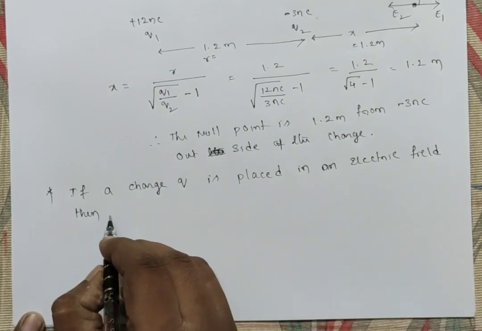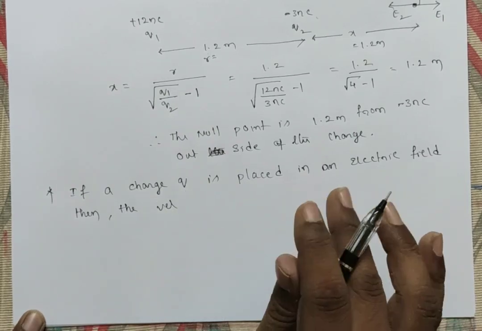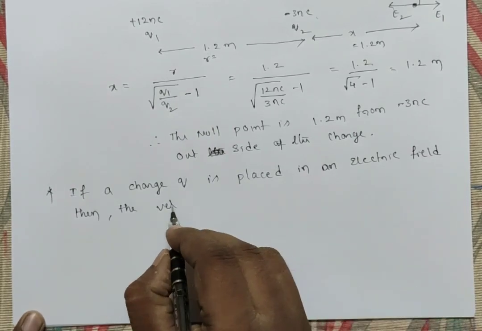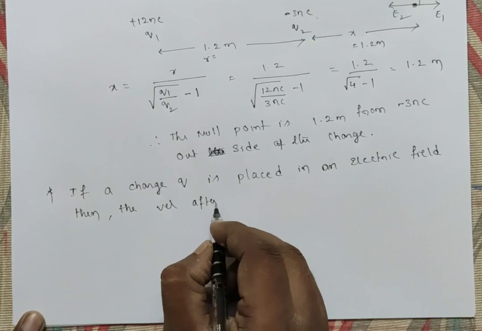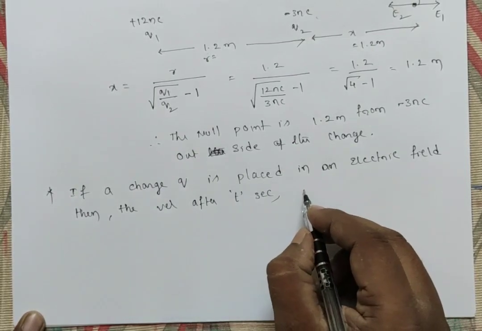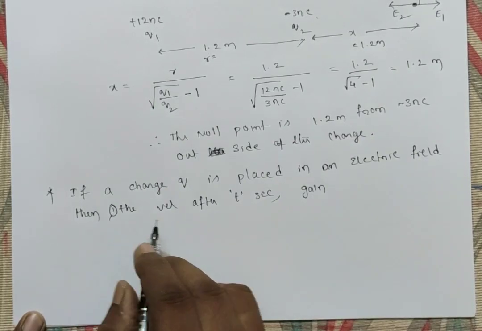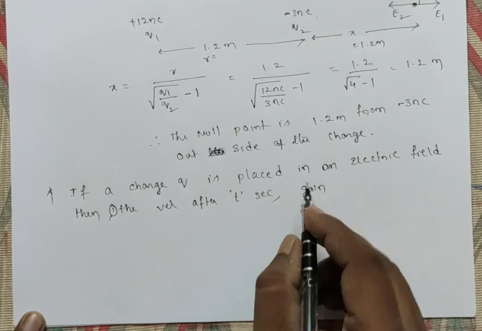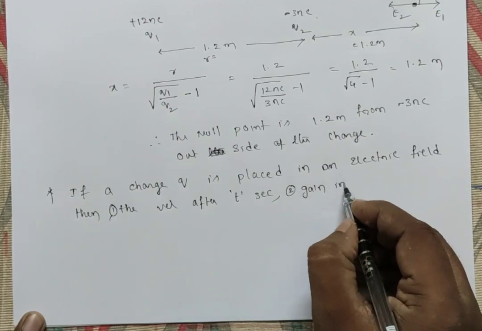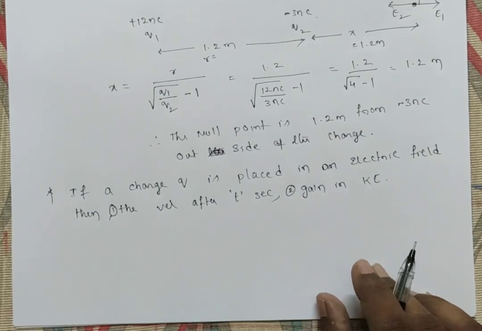Initially we will place it at rest. The velocity after t seconds: the first one is the velocity of the particle at t seconds, and the second one is the gain in kinetic energy.